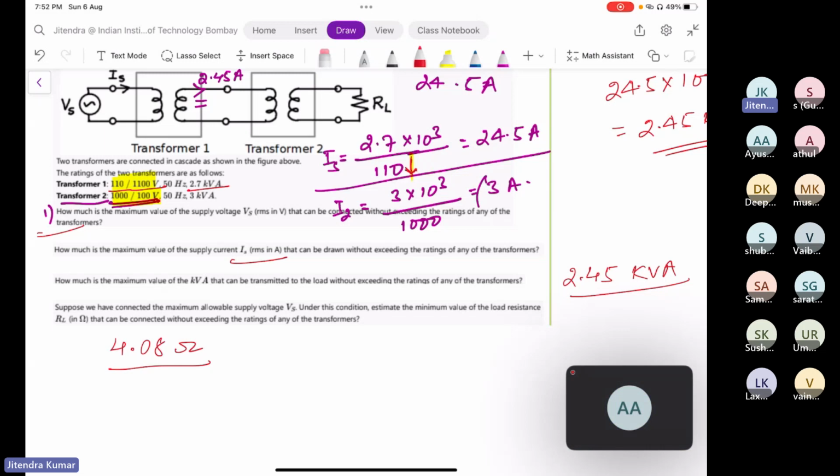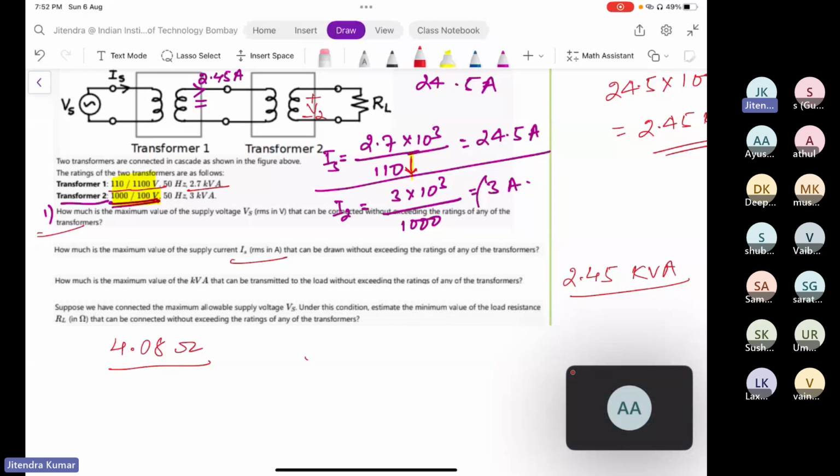Okay. Yeah, that's correct. So, what expression did you use to find out this 4.08 ohm? Sir, I have simply taken the ratio of voltage and current in terms of what we have concluded.